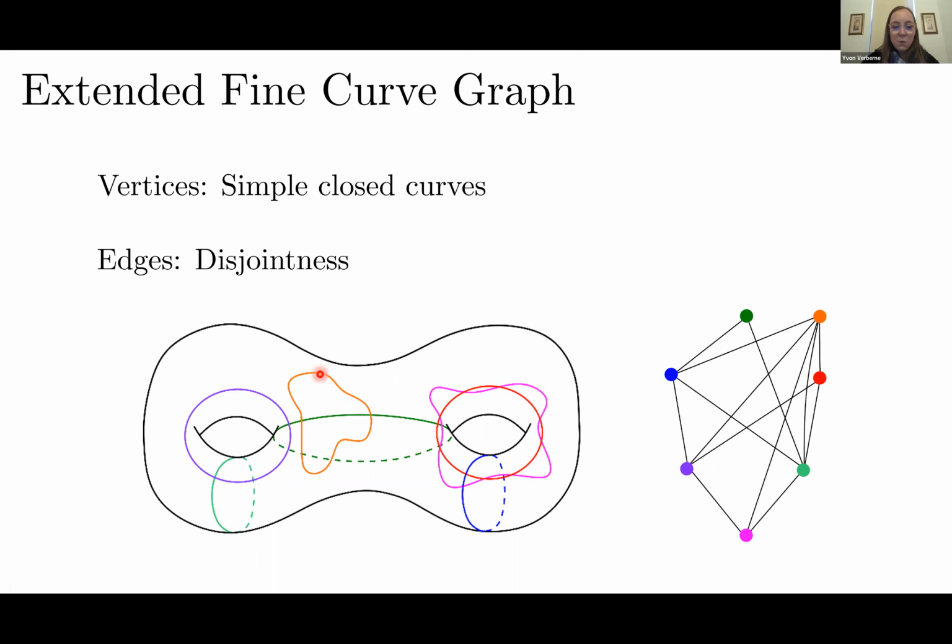So now we see why this orange curve is drawn on the surface. This is an inessential curve, but in the case of the extended fine curve graph, we do include this as a vertex. And once again, edges will correspond to whether two curves are disjoint in the surface or not.